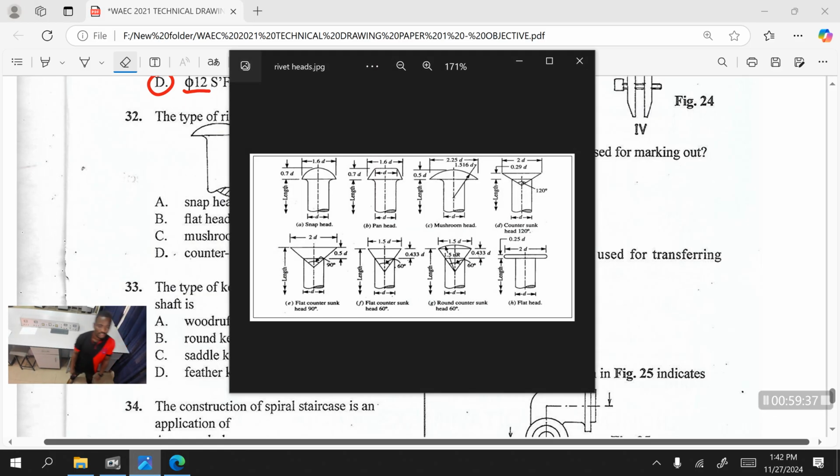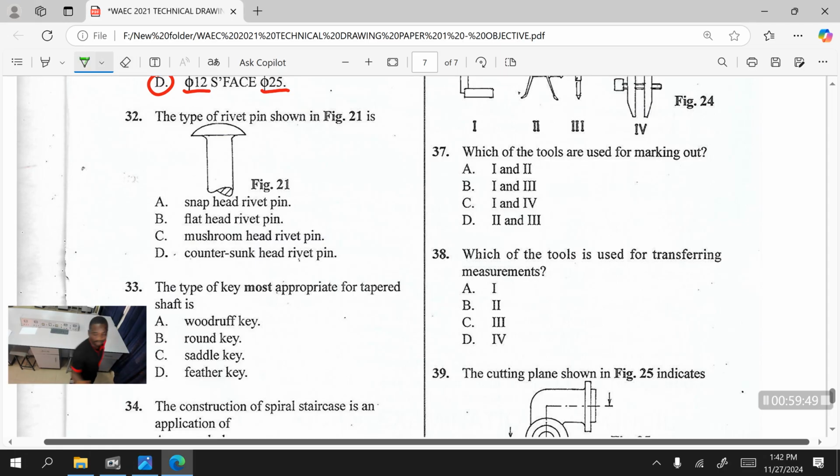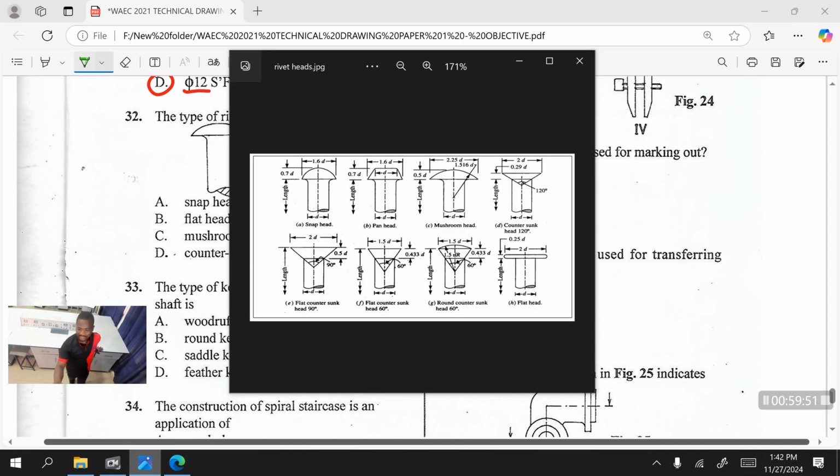Let me show you the picture here. If you look at snap head and mushroom head in this picture, you can see the flat edge. This is the flat edge here. This is the flat edge in this place. And this is countersunk. Yeah, you can see countersunk.